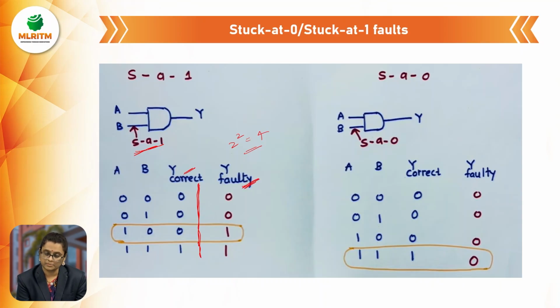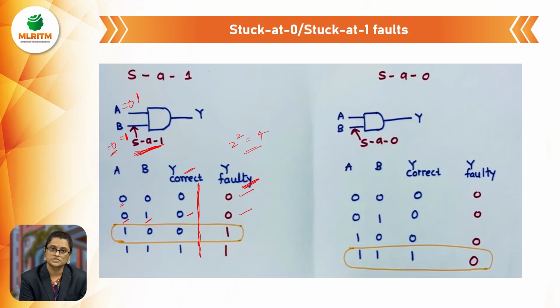What about the faulty Y? If B is stuck at 1, it means B is always stuck at 1. It won't take the 0 value, right? So now apply the combinations. Now A0, B0, but here B is stuck at 1, so that's why A0, B1. What is the output? 0. Next combination, A0, B1. Output is 0. And then A is 1, B is 0.